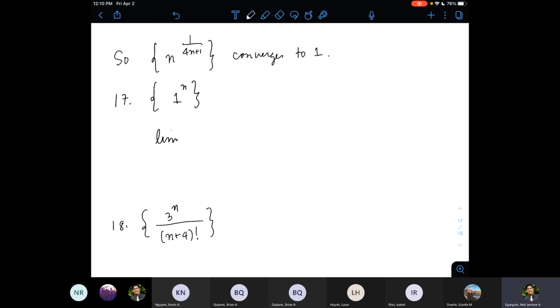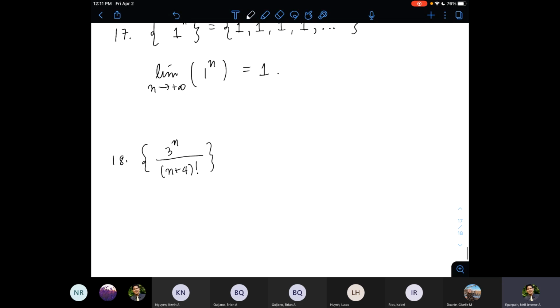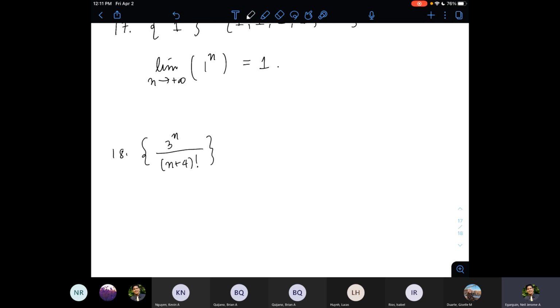Well, if you take the limit of 1 raised to n as n goes to infinity, this will be equal to 1. It's easier to see if you write down the elements of your sequence. If n is 1, you get 1. If n is 2, you get 1. If n is 3, you get 1. N is 4, you get 1, and so on. So this sequence is just a sequence of all ones. So in the long run, it will just go to 1. So the limit here is 1.